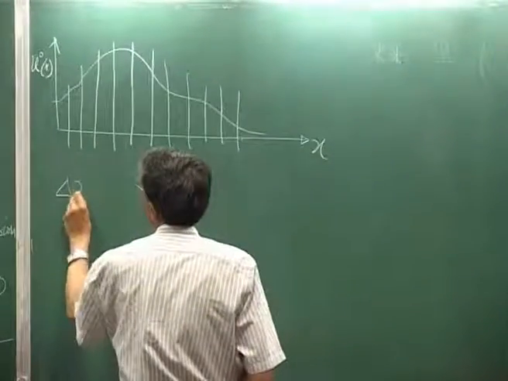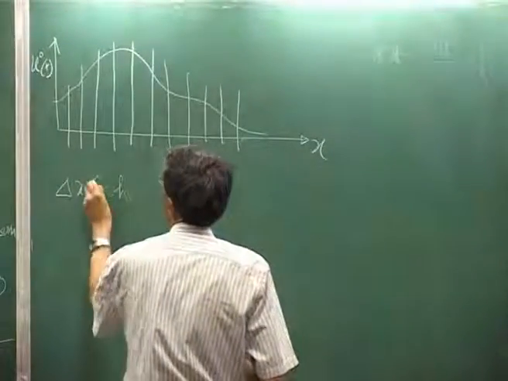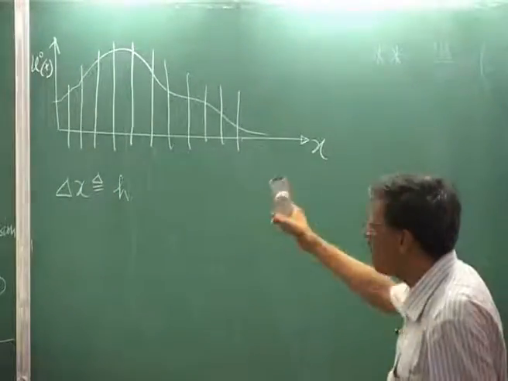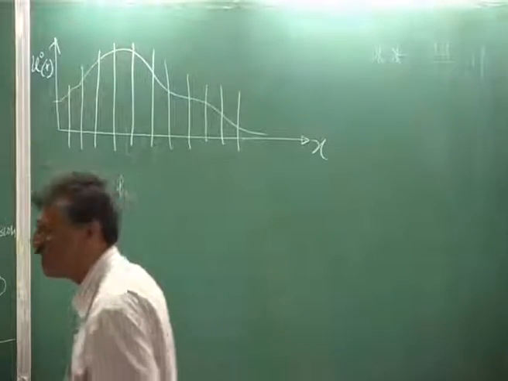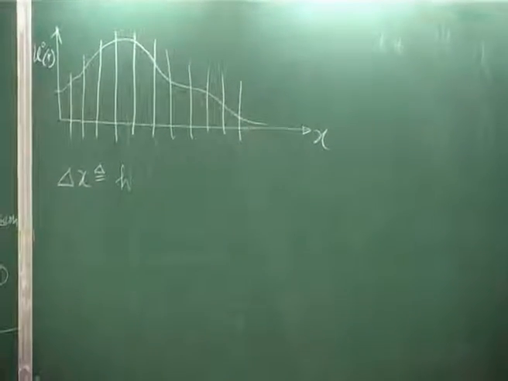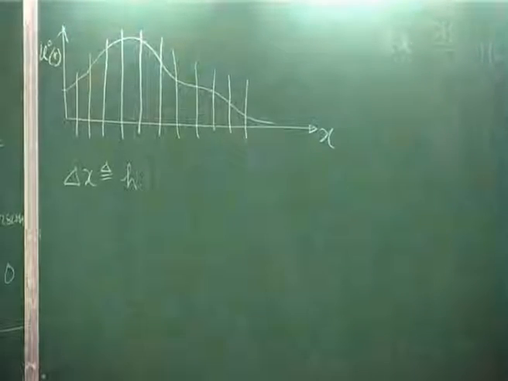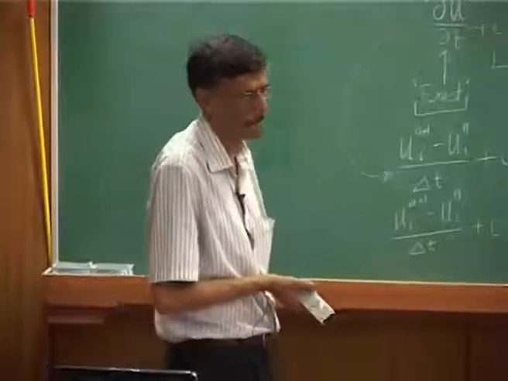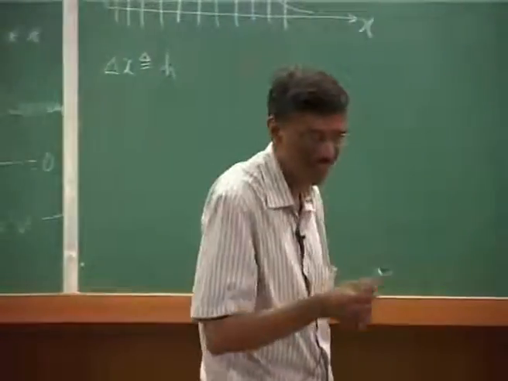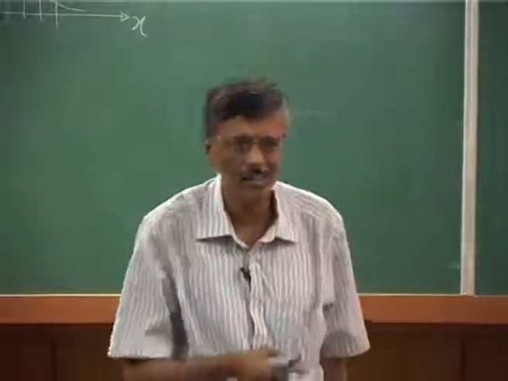So, delta x, let me just define it as h. Now, if I work on such a grid, what is the smallest wavelength wave I can describe on that grid? What should be the smallest wavelength wave I can describe? Two pi by delta.